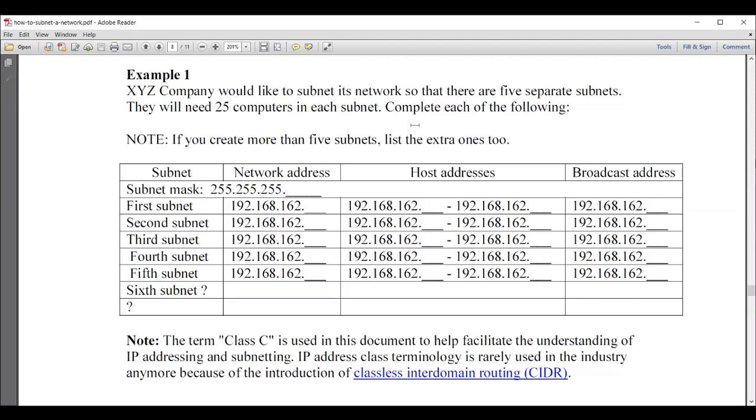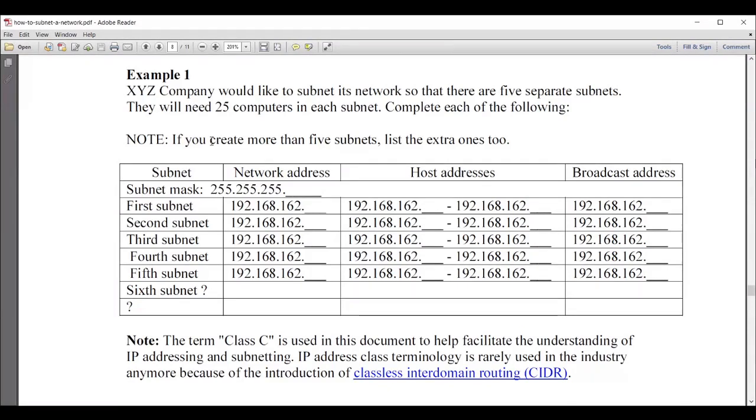First of all, you have to use the 2 formulas that we have learned so far. If you want to determine the number of subnets for a particular network, you can use the 2 to the power n formula, where n is the number of bits that you have to borrow from the host side.